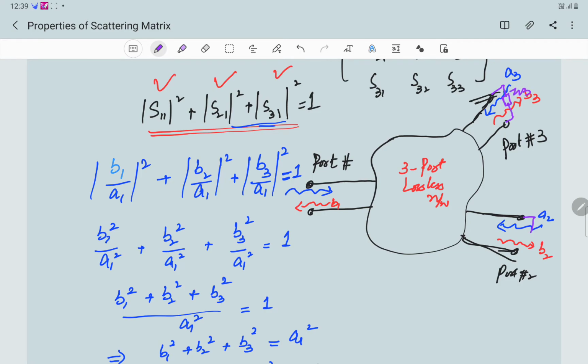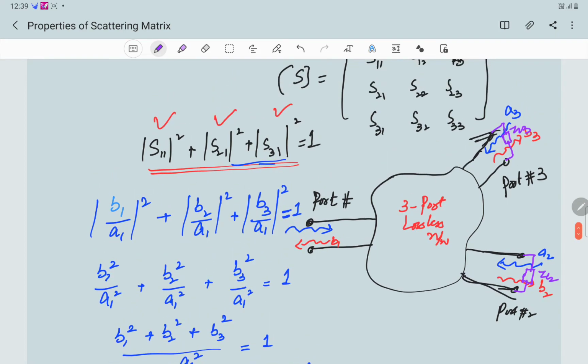I'm connecting this by some load, say for example ZL2. When these ports are terminated at matched loads, that means there won't be any reflection. So here B3 goes into the load and A3 is the reflected wave, so reflected wave would be 0. Here again B2 is the wave that goes into the load and A2 is the reflected wave, so A2 would be 0 as the loads are perfectly matched.